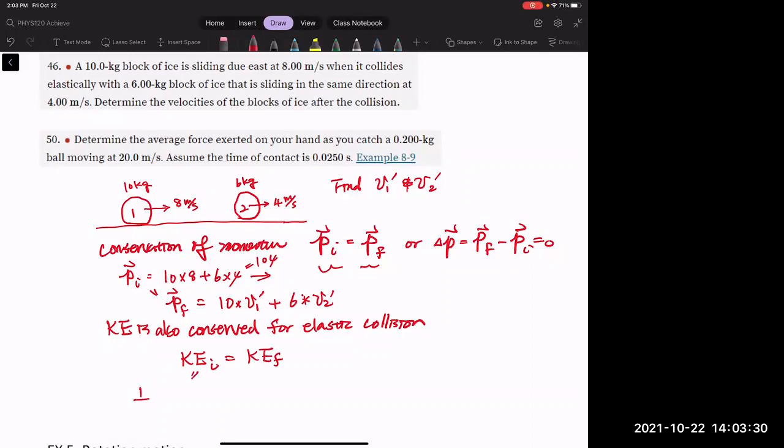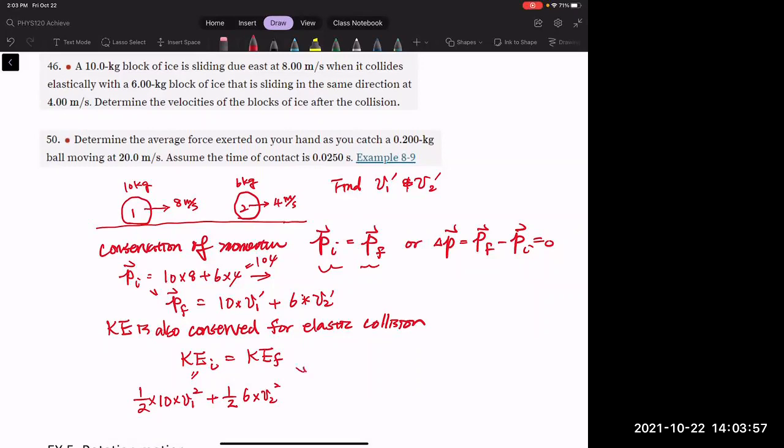KEI is 1/2 times 10, M is 10, times V1 squared, plus 1/2 of the second mass, that is 6, times V2 squared. That is the starting kinetic energy.